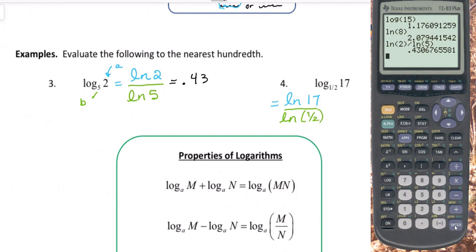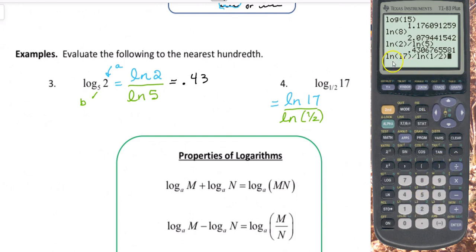Now I just get on my calculator and do that. I've got the natural log of 17, close the parenthesis, divided by the natural log. For 1/2 you could put in 0.5 if you want to, but if you've got a fraction that you don't know the decimal equivalent to, you can just type in a fraction using the division key.